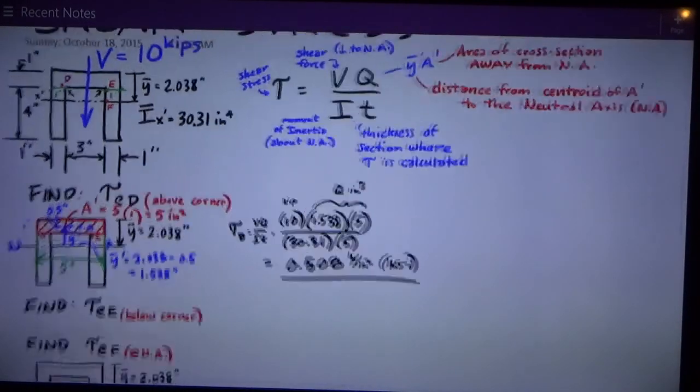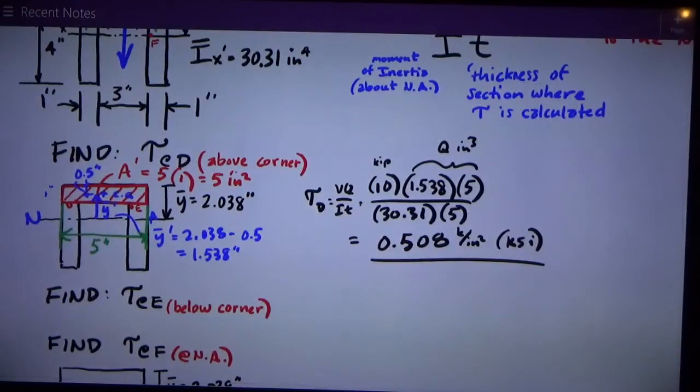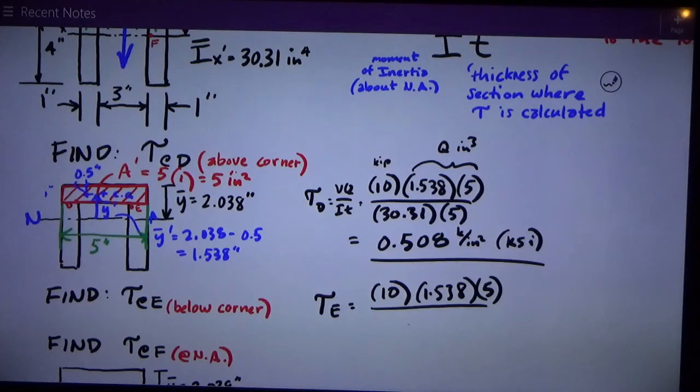Q is still the same because I'm, in the calculus way, just barely into the section below that corner. So Q is the same. So tau at E is the same: V is 10, Q is 1.538 times 5, I is still the same, 30.31, and the thickness now is 2 times 1.